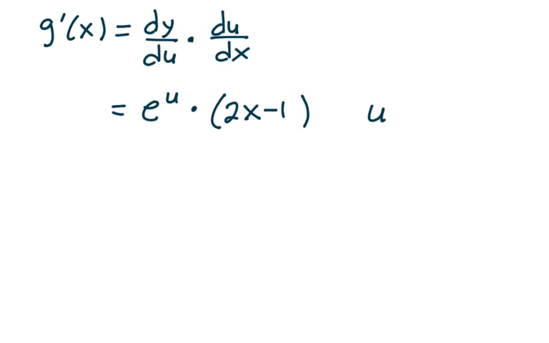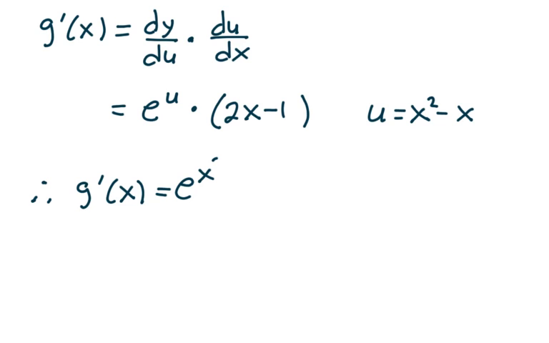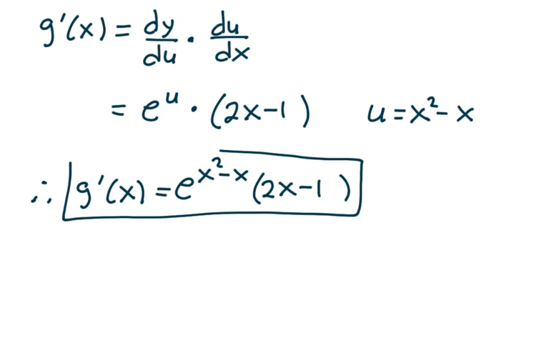But remember that u is x squared minus x. And so therefore, g prime of x is e to the x squared minus x multiplied by 2x minus 1. And that's example 2.